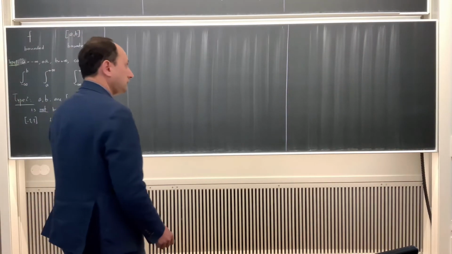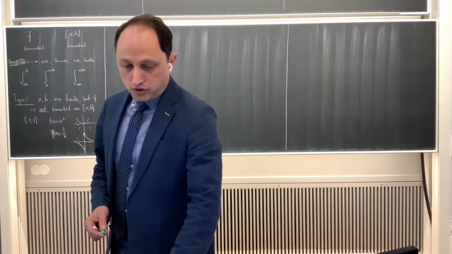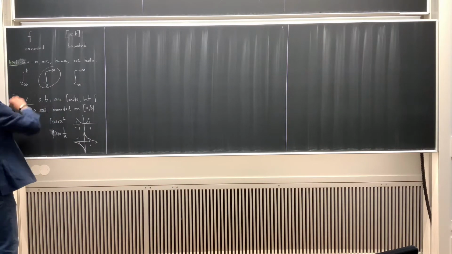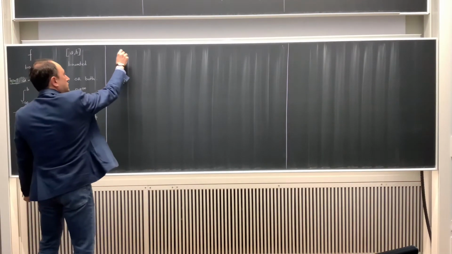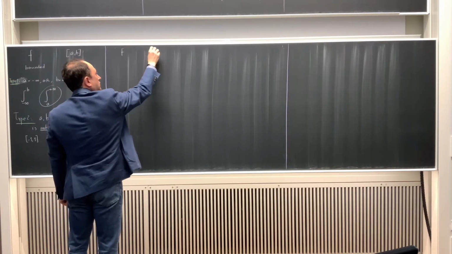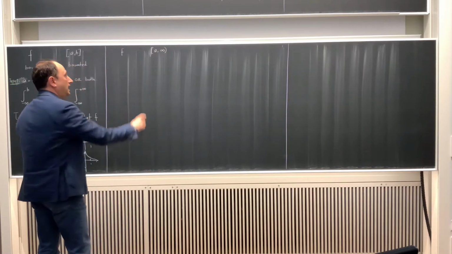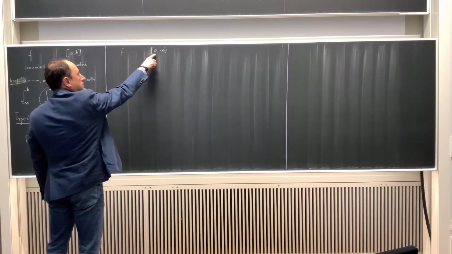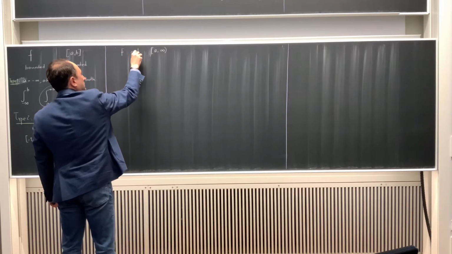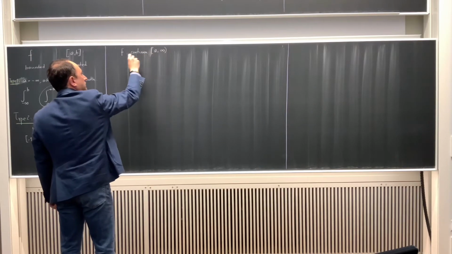Okay. Now you see the definitions here. So let me just tell you. For example, what can we say about this? Assume that you have a function f, but your interval starts from a and goes to positive infinity, and f is continuous on this interval.